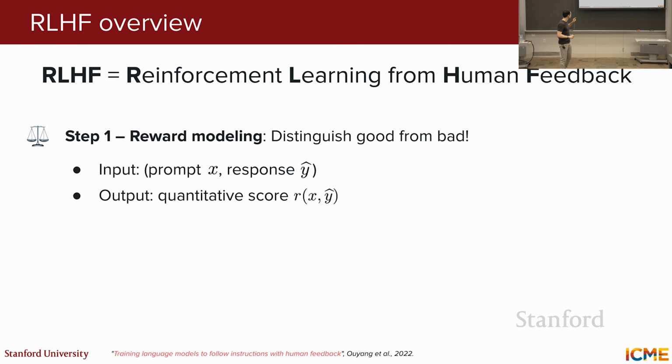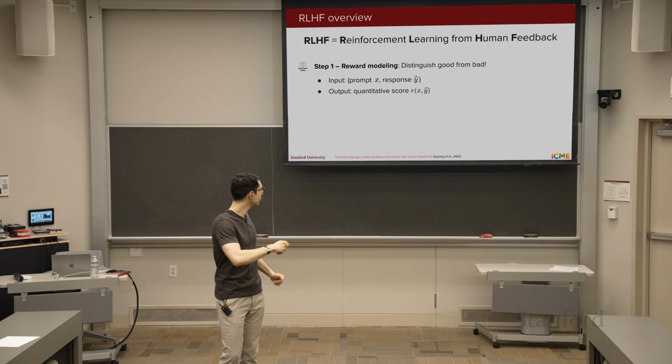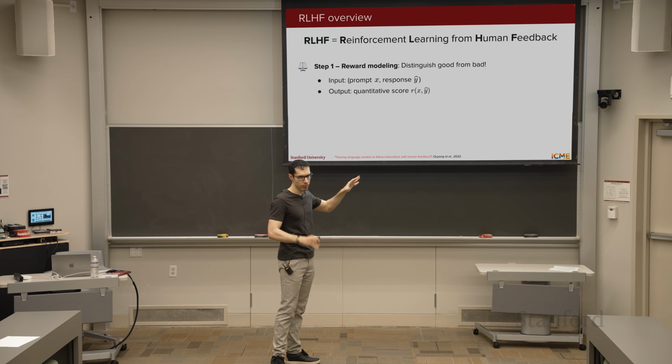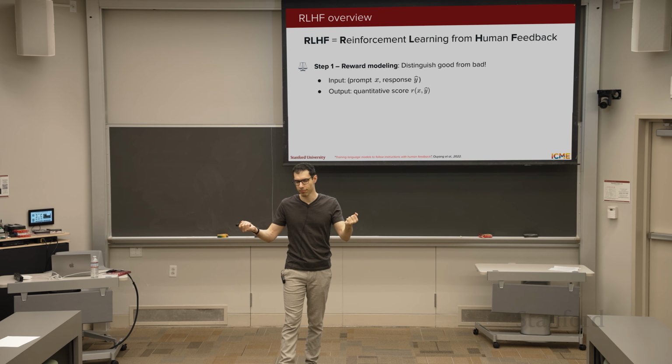The first stage is you figuring out how to distinguish good output from bad output. Here, all the preference pairs that you collected are used for you to learn what is good, what is bad. The input here is the concatenation of the prompt and the response, and the output is a score.